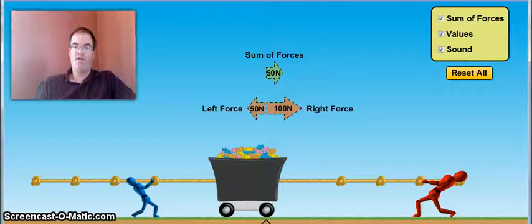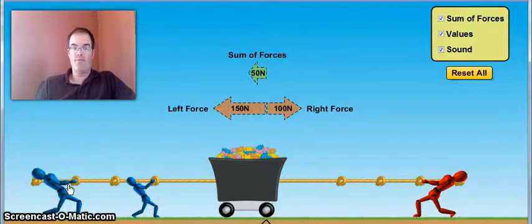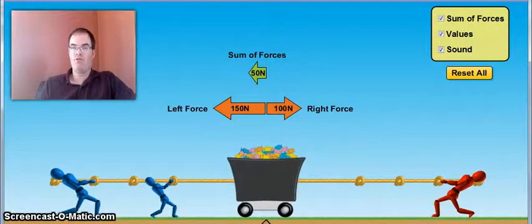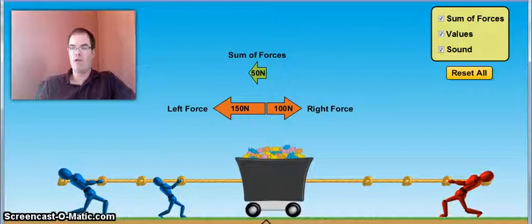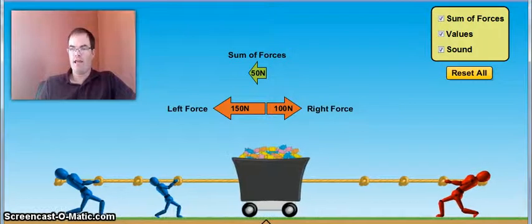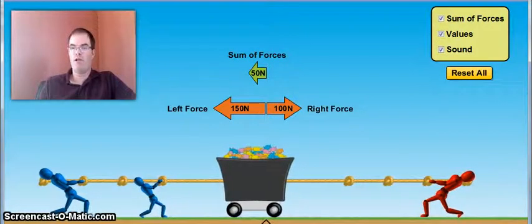Well, let's give little Bobby some help. His mom, Bertha Sue, steps in, and look at what happens to the net force. So the cart continues moving to the right initially, slows, and begins moving to the left.